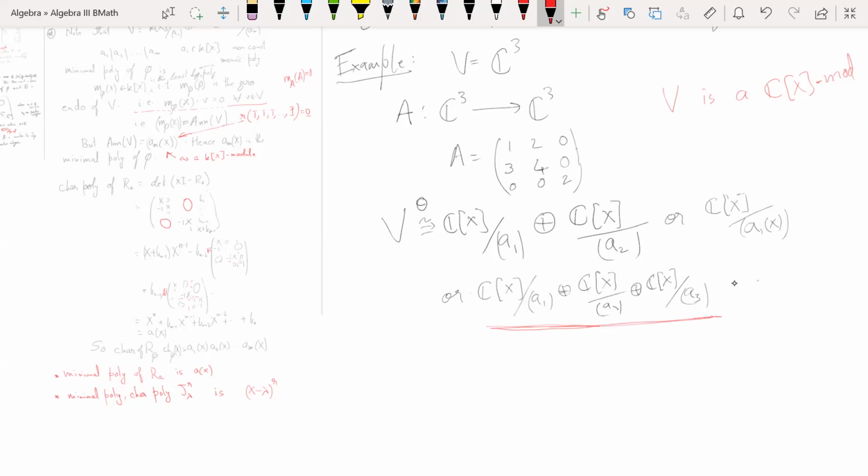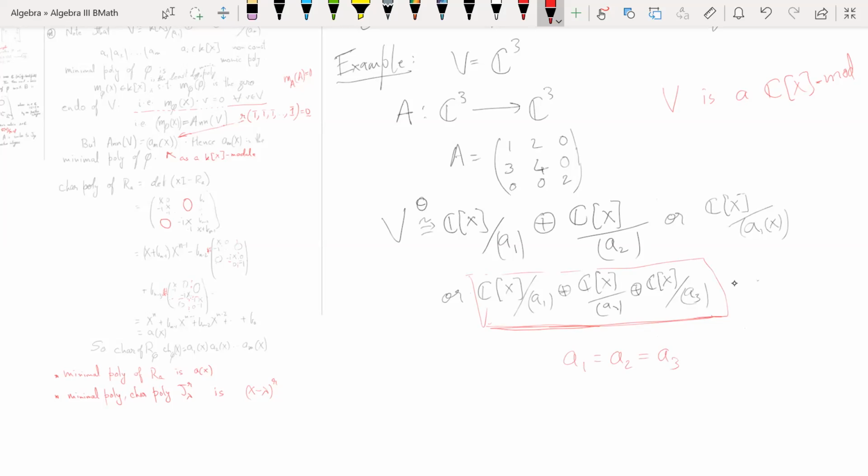The dimension of each factor is the same as the degree of the polynomial, so all of these must be degree 1. Then only is it possible to have this. Suppose all of them are degree 1. Then of course a1 equals a2 equals a3, because a1 divides a2 divides a3, and they are all degree 1.